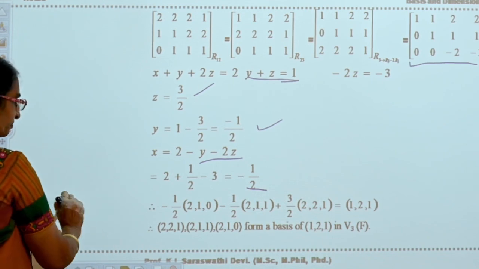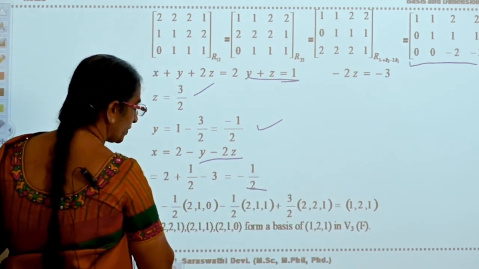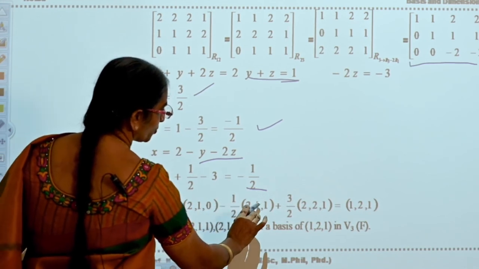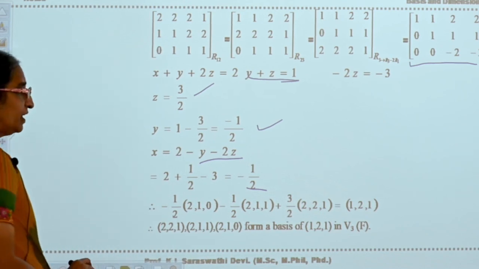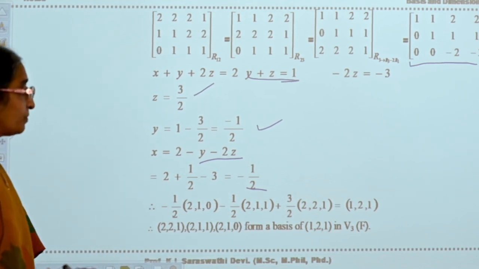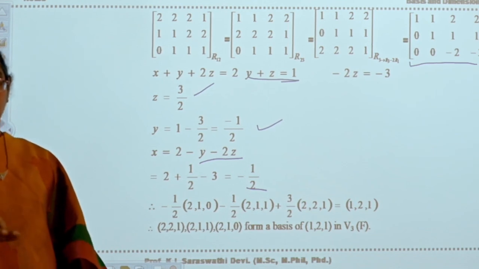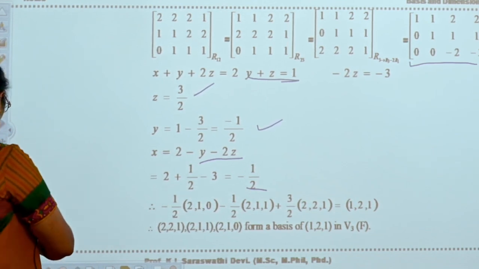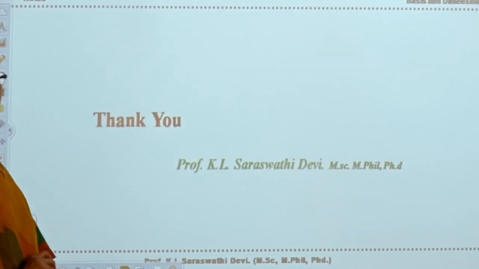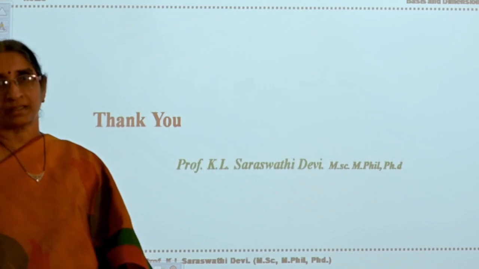Therefore, (1,2,1) is equal to minus half into (2,1,0) minus half into (2,1,1) plus 3 by 2 into (2,2,1). Therefore, (1,2,1) can be expressed as a linear combination of the basis elements. Now is it clear? In this video we have seen some problems which form a basis and some problems which do not form a basis. Thank you.